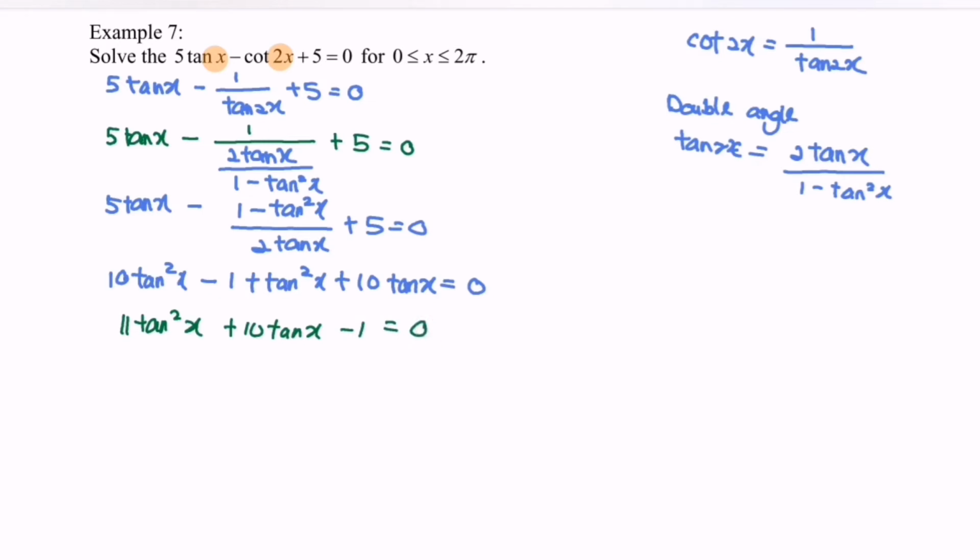So now we have a quadratic equation and I'm going to factorize: (11 tan x minus 1)(tan x plus 1) equals 0. So finally we have tan x equals 1 over 11, and tan x equals negative 1.